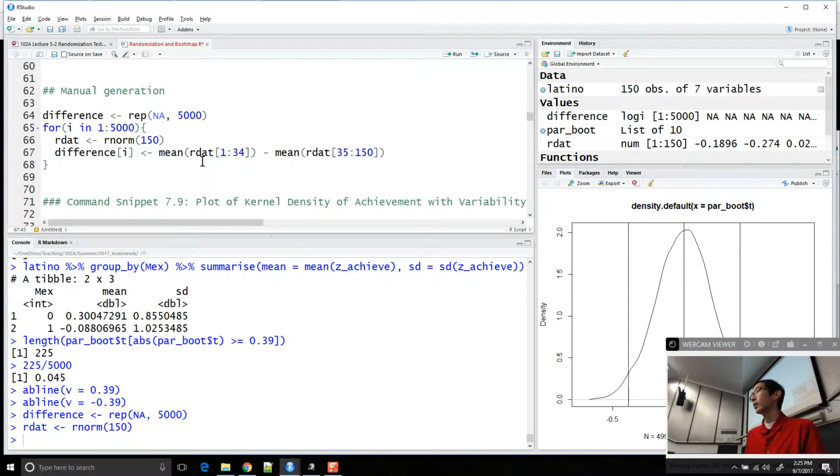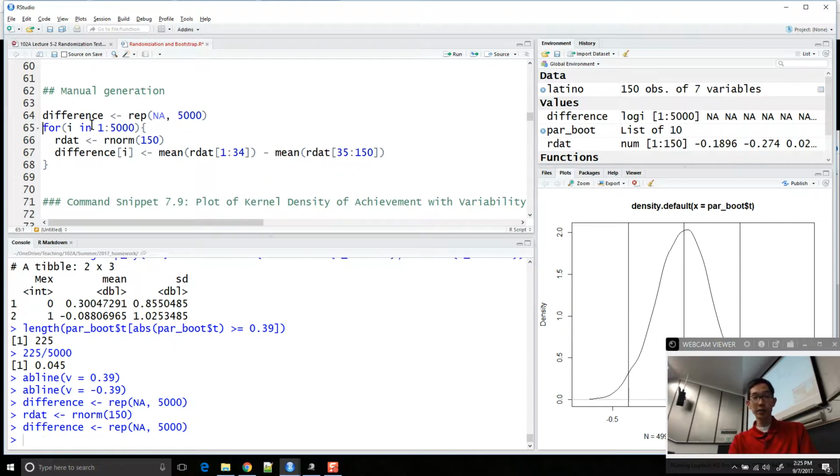That simulates the idea that all 150 observations in our data set come from the same population. We would do that 5,000 times.